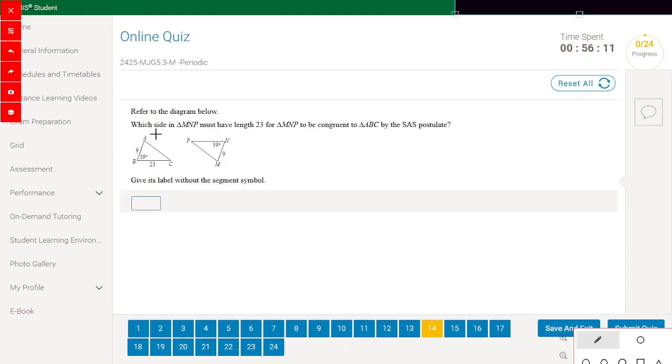Refer to the diagram below. Which side in triangle MNB must have length 23 for triangle MNB to be congruent to ABC by the side angle side postulate? Side angle side. So here I'm seeing that AB is congruent to MN, right?